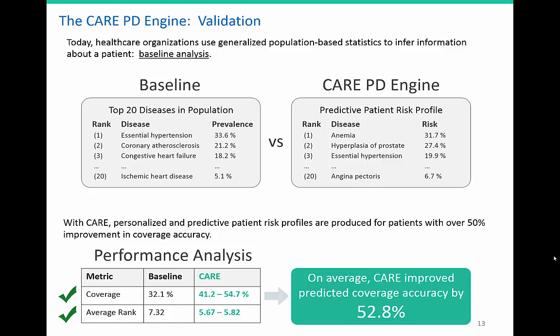What we found with the original data set from Harvard was that an improvement of just over 50% existed when CARE's predictions were compared to a baseline of disease prevalence in the general population. The reason that there's a range of 41.2 to 54.7% is that multiple tests were run to establish predictive power. This is all documented in the CARE white paper if you want a copy.